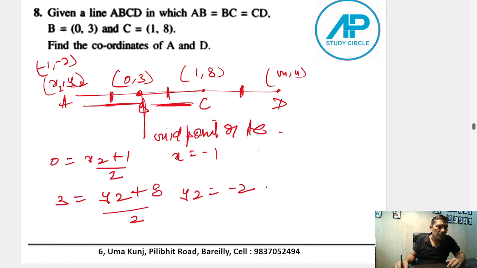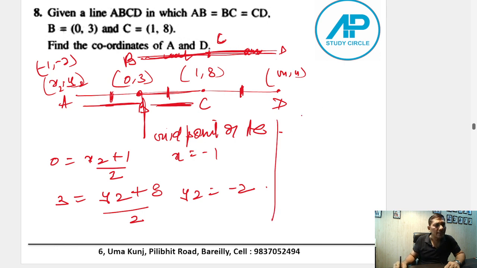And further, you can again see this point C is, I'm making a line here to make you understand. This line is B and D, and this point is C. So you see BC and CD are equal. That means C is a midpoint of BD.